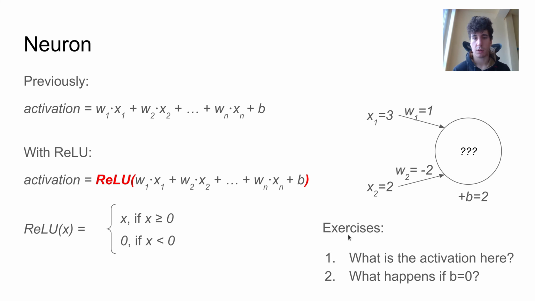Now, try to see what would be the activation if the first input is 3, the second input is 2, we have these weights and this bias, considering we also have ReLU.